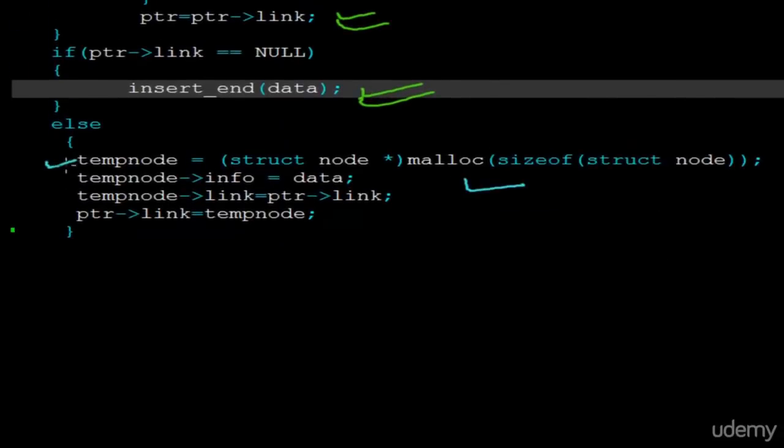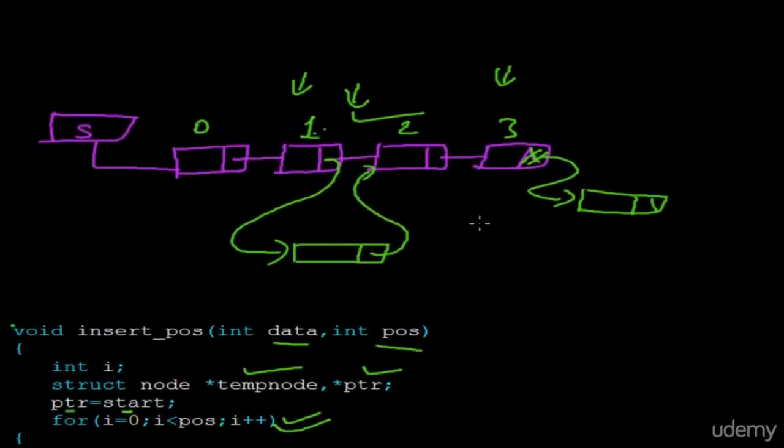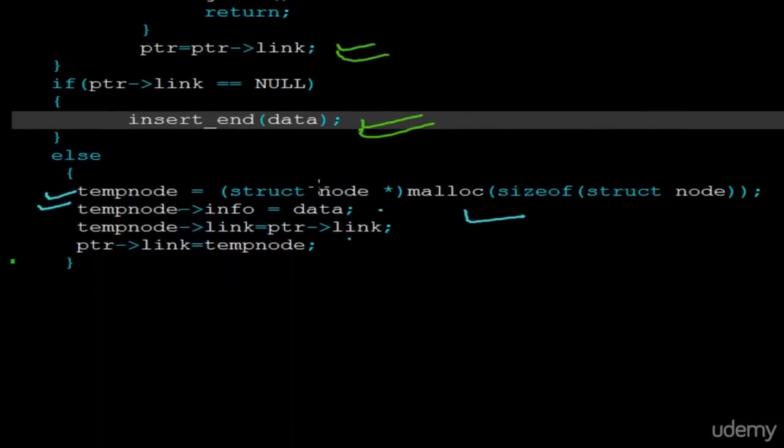We will create a temp node. We will write the data into the info part of this temp node, and then we will write the ptr's link part into the temp node's link part. What is the case? This is ptr. So ptr's link part, which contains the address of the next node, will be copied in here by executing this statement.